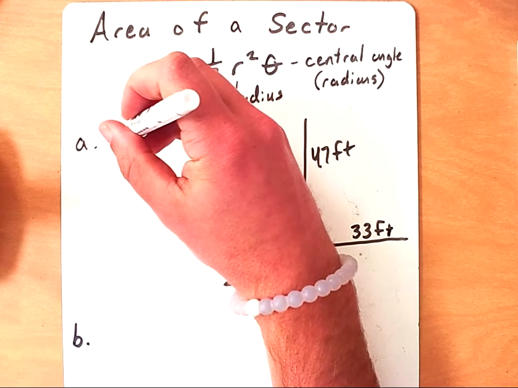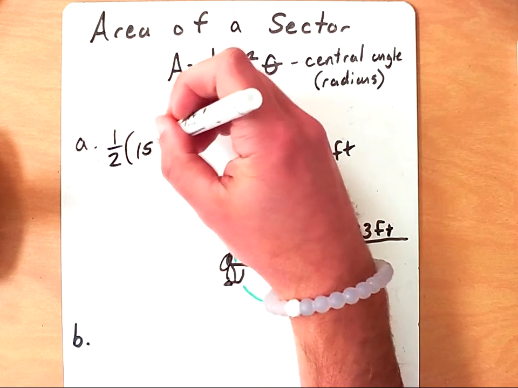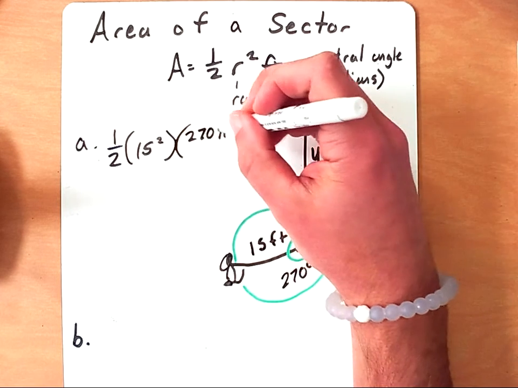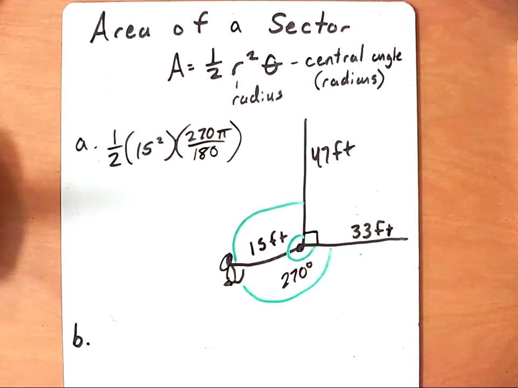So we have 1/2 times 15 squared times 270 pi over 180, or some of you might know from your unit circle, 3 pi over 2. So once we have that information, we can just plug it in.